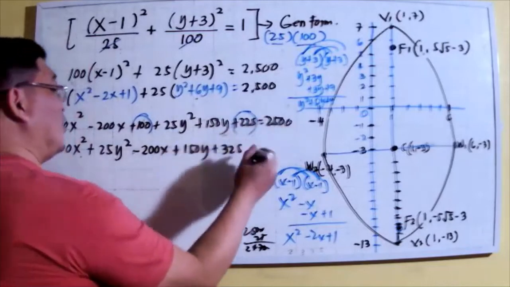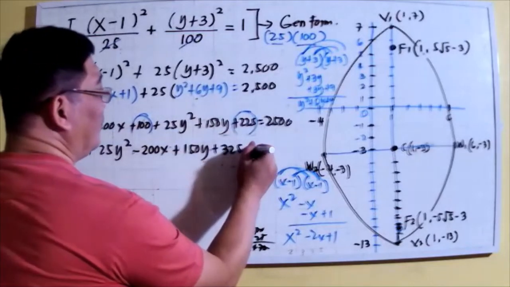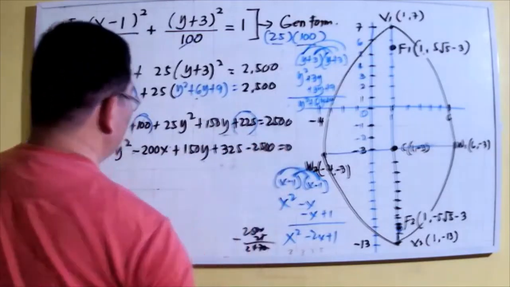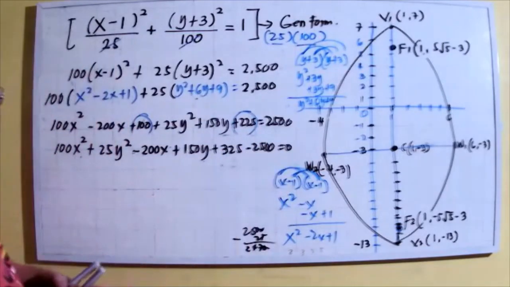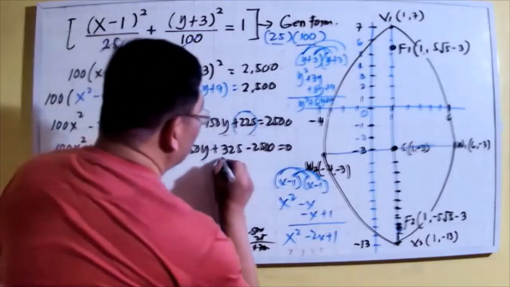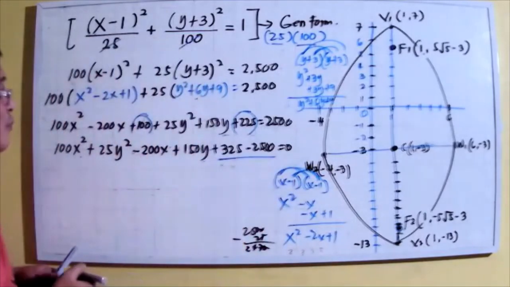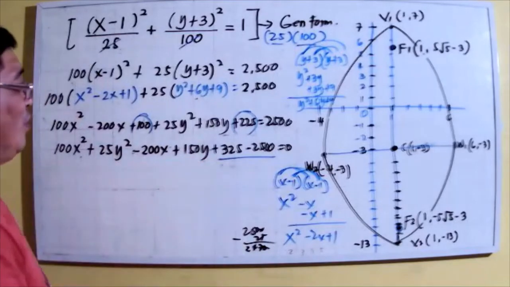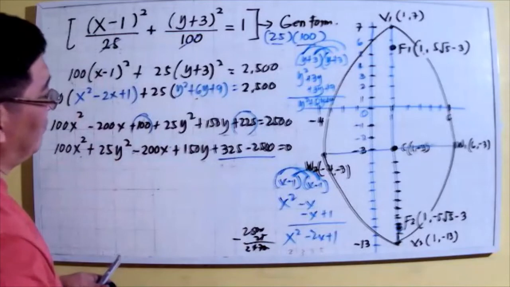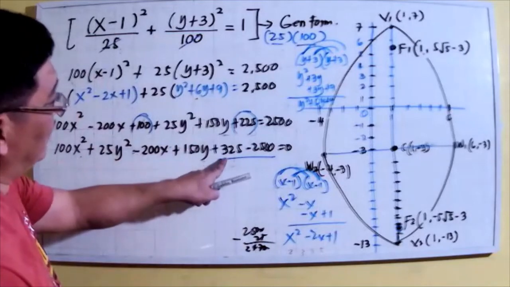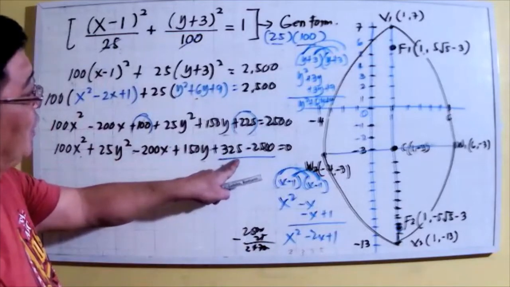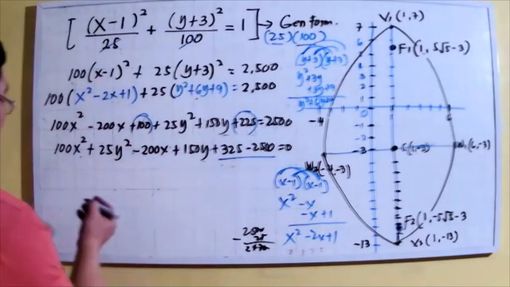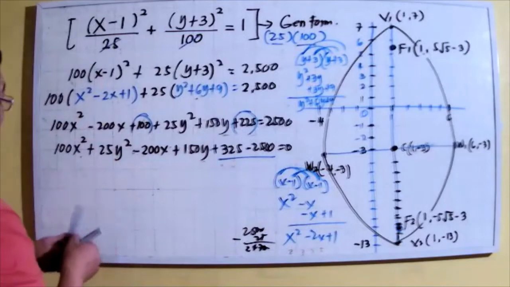And then transpose 2,500 to the left, negative 2,500. Equate it to 0. Now all we have to do is to combine the constant. If we have negative 2,500, we have positive 325, then we have negative 2,175.